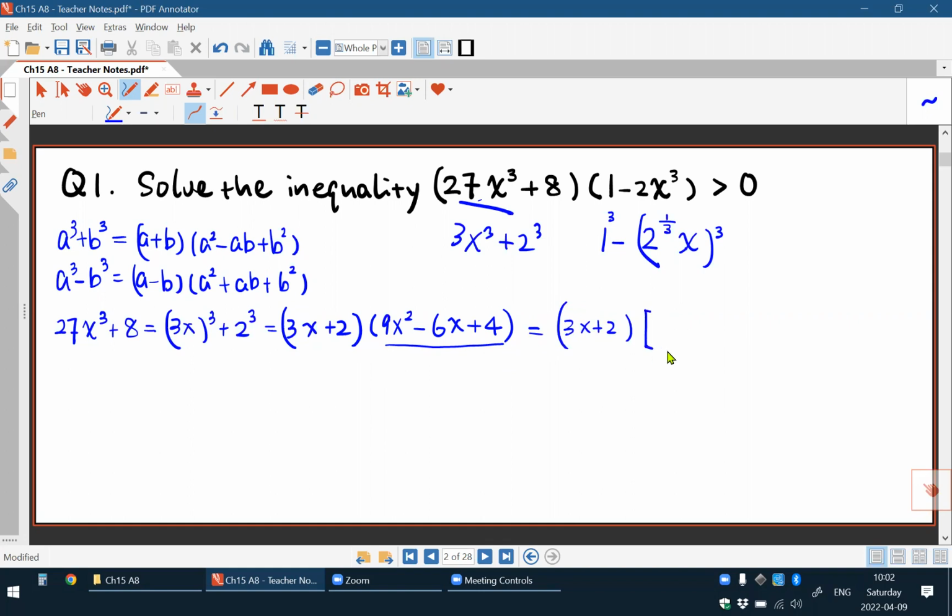Well, this is just 3x minus 1 squared. Then if you expand it, you will get 9x squared minus 6x plus 1, right? Because you have a plus 4 here, then we should add a plus 3. So as you can see here, this is some real number squared. This number here is always equal to or greater than 0, right? Then plus a 3, so this expression is always greater than 0, right?